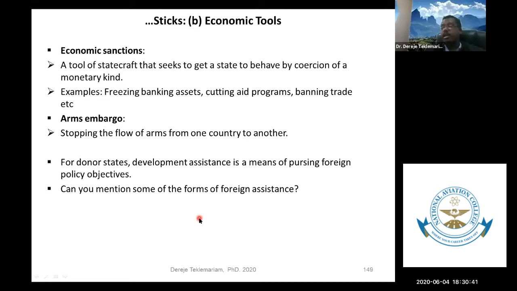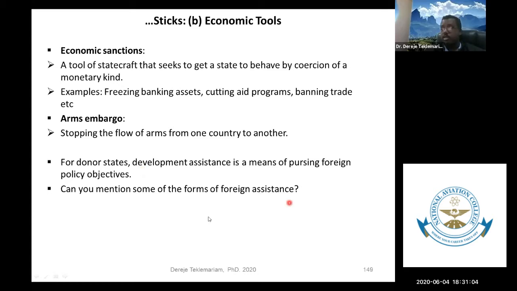In this regard, a number of questions can be raised. As an international foreign policy student, can you mention some of the forms of foreign assistance? These days, foreign assistance is becoming very important. Some say don't say foreign, it makes us sound far from you, but you can call it development assistance or foreign assistance, all the same.